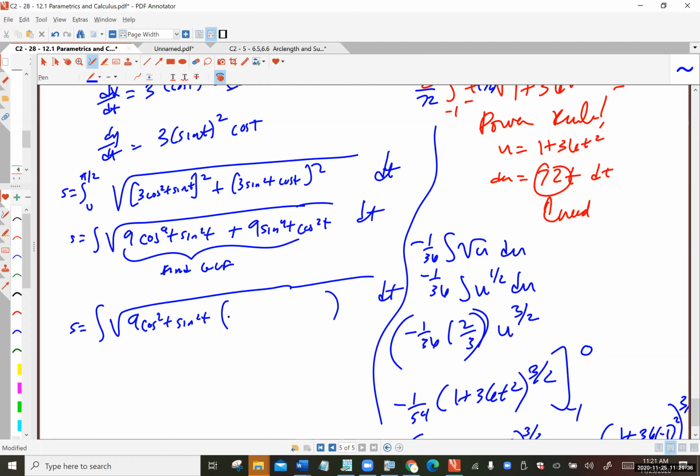Cosine squared plus sine squared t. And then this adds up to 1, doesn't it? By a trig identity.